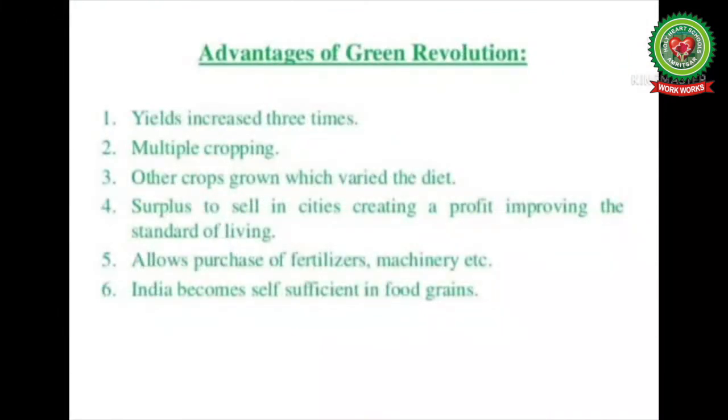The Green Revolution has the following components. Number one is yields increased 3 times, multiple cropping, other crops grown which varied the diet, surplus to sell in cities, creating a profit, improving the standard of living, allows purchase of fertilizers, machinery, etc. India becomes self sufficient in food grains.